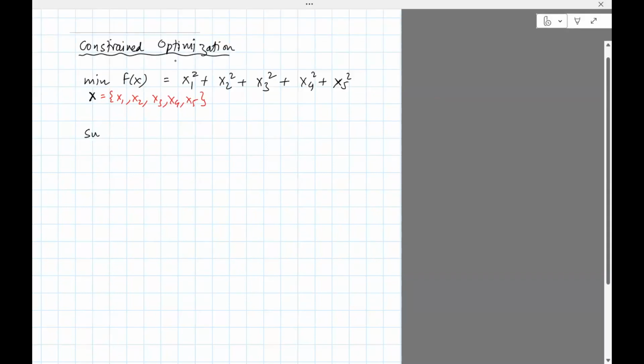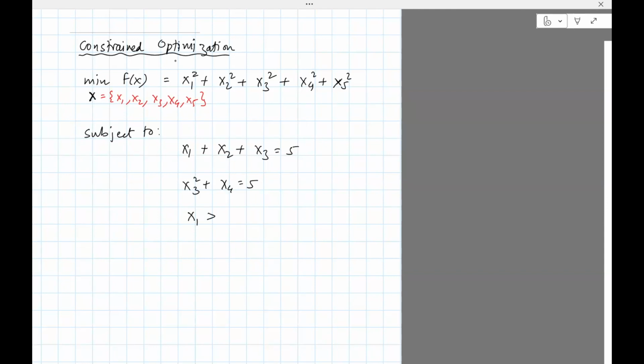Okay, then the constraints are, you say, subject to x1 plus x2 plus x3 equals 5. So that's the first one. The second one is x3 square plus x4 equals 5.